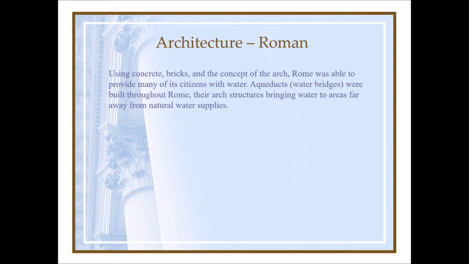So Roman architecture teaches us how to bring water to the city and the household, so we don't have to rely on transporting water with horses or manpower, because we have the system for it.